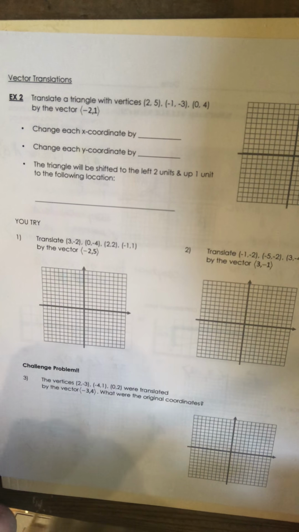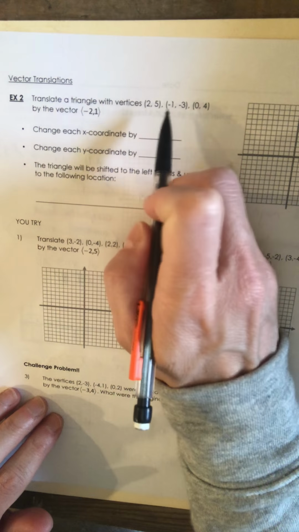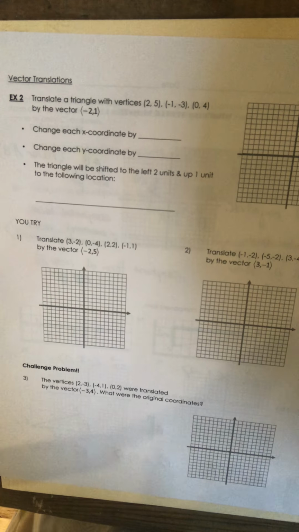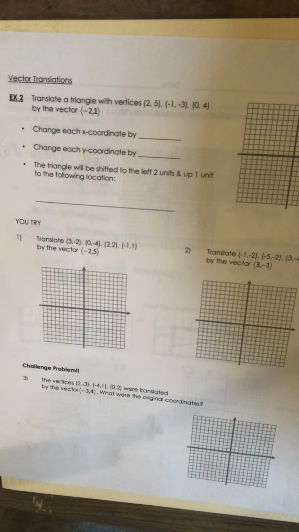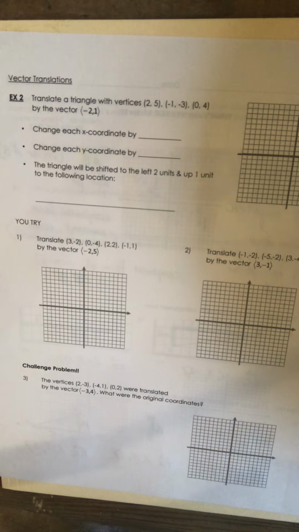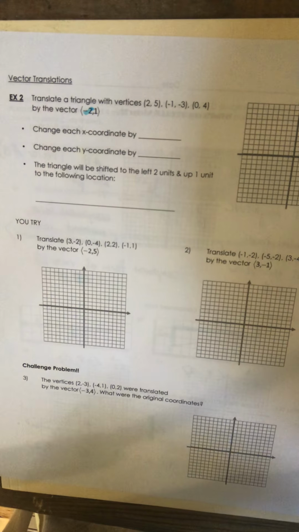Now, vector translations. Translate a triangle with vertices (2, 5), (-1, 3), (0, 4) by that vector. You can translate using a vector. A vector is just telling you the direction in which we're translating. So now remember, we have a horizontal and a vertical component. So we have a -2 and we have a +1.